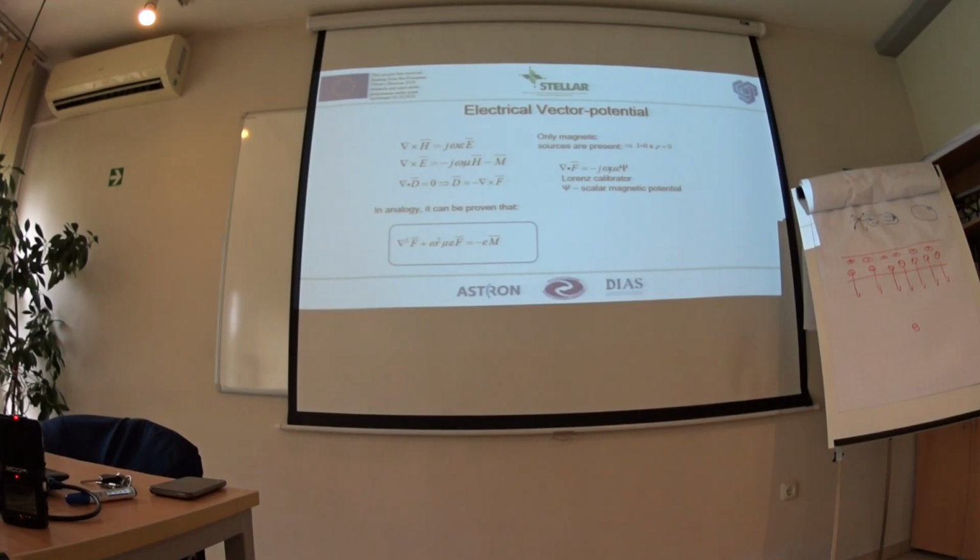What was special about vector potential F? The good thing is that if we know it, we can determine the field components E and H, which are actually the fields that we can observe.